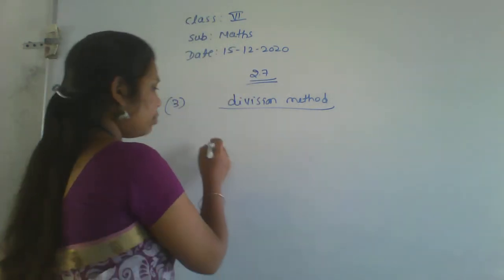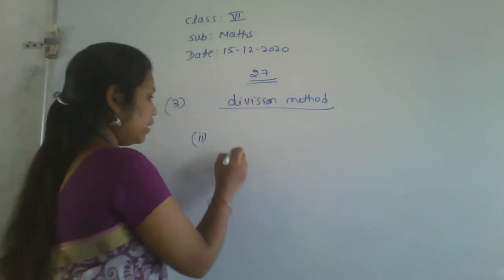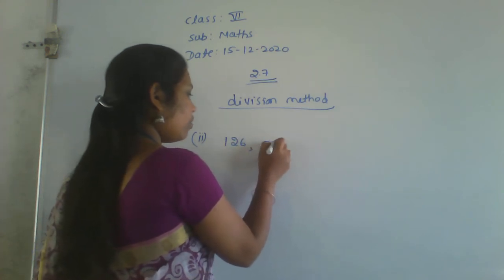Go for the second problem. What is the second one here? 126 comma 540.